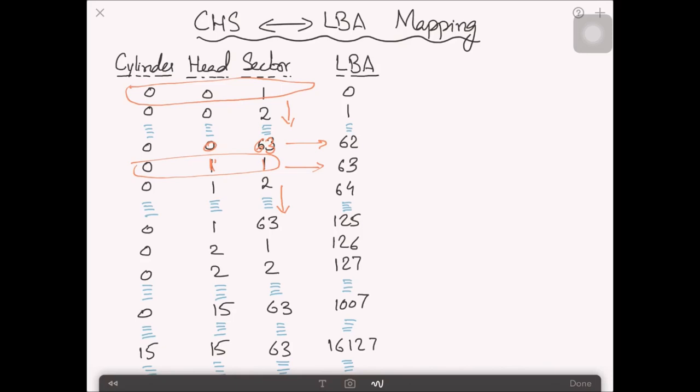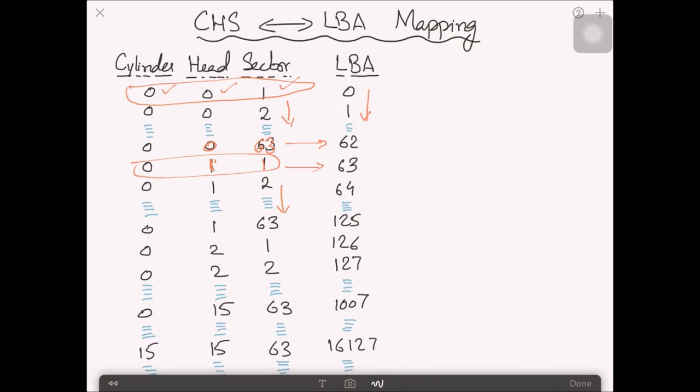So let me say that every CHS value is mapped onto an LBA index. The LBA index starts from the 0th cylinder, 0th head, and first sector, and it continues.